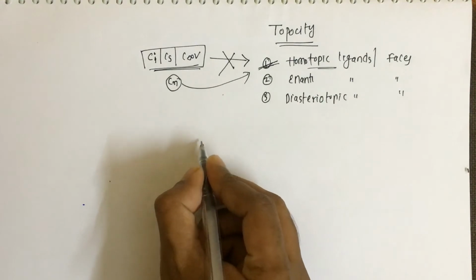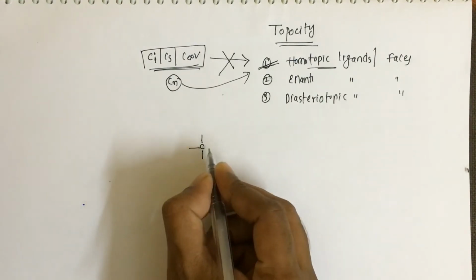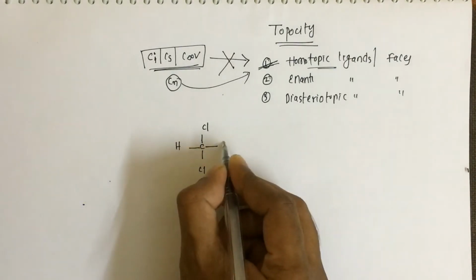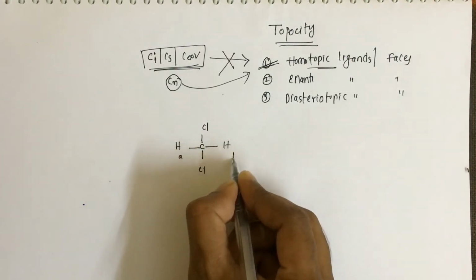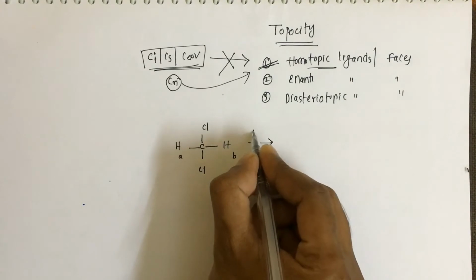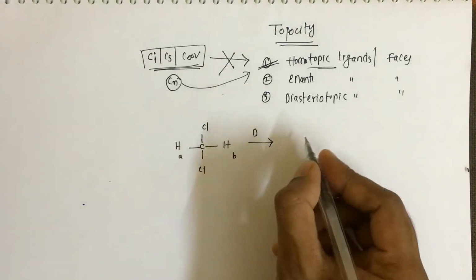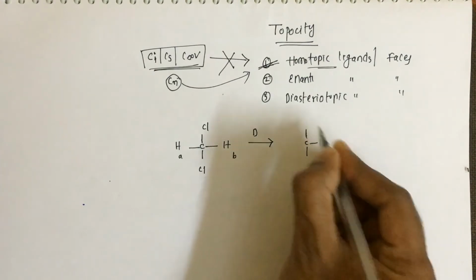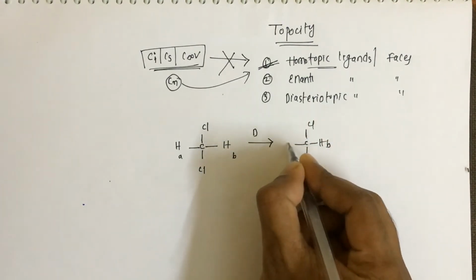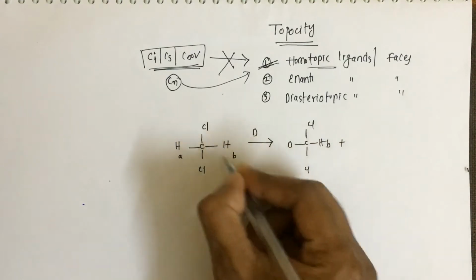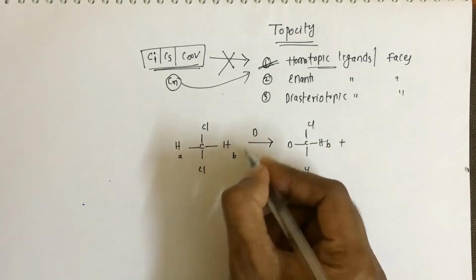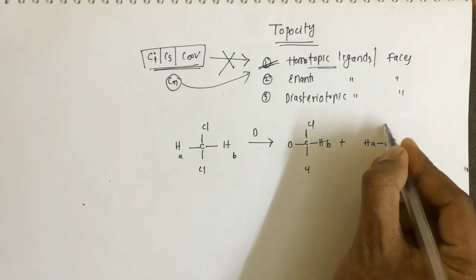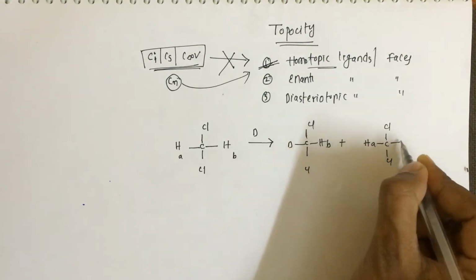We'll take dichloromethane, with Cl and hydrogen, so this is Ha and Hb. Now we replace Ha by deuterium, so we get Hb, Cl and D. Now we replace Hb with deuterium, and then we get this compound.